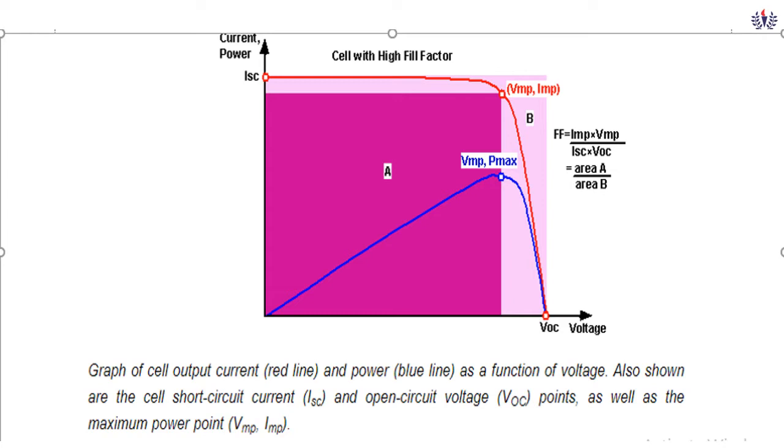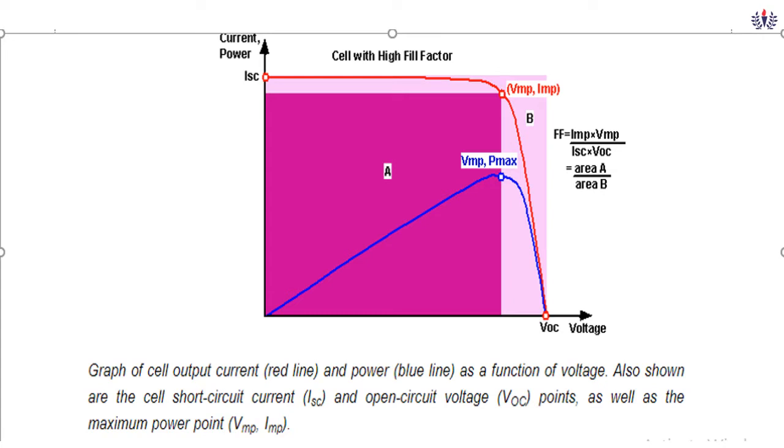If the value of the power is reduced from this value to this value, then the rectangle or square will change from this position to this. So there will be a lower value of the fill factor, because the fill factor is an area. Area A is this whole area, which will give you the maximum power, VMP and IMP, and area B will give you the VOC and ISC product.